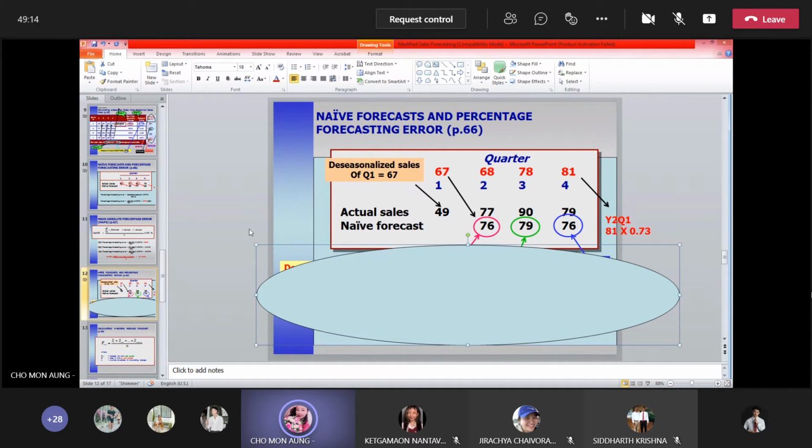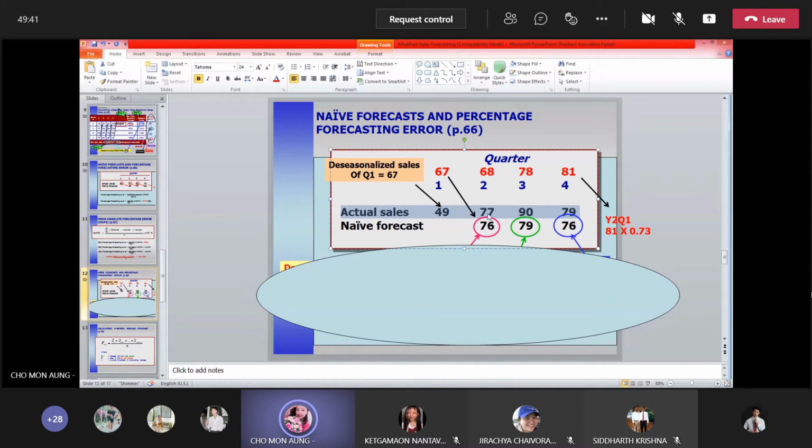Pay attention to the ones that I highlight, so it's going to be easier for you. According to naive forecast, current actual sales will be the forecast for the next period. We're still using year 1, quarter 1 to 3, 4 with the actual sales. But just now we found a large error.